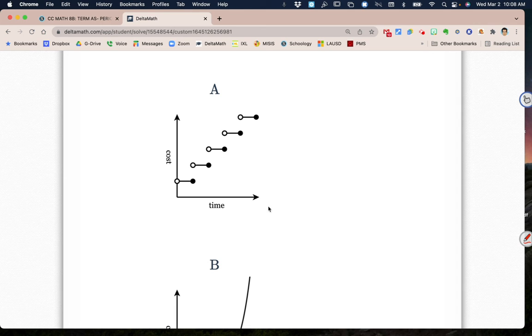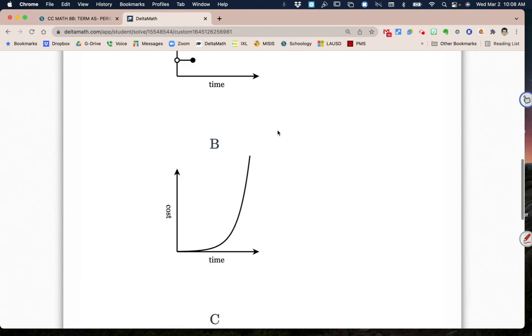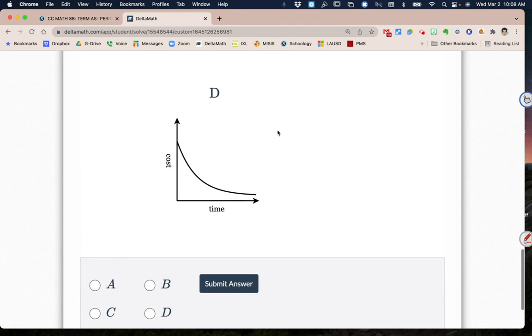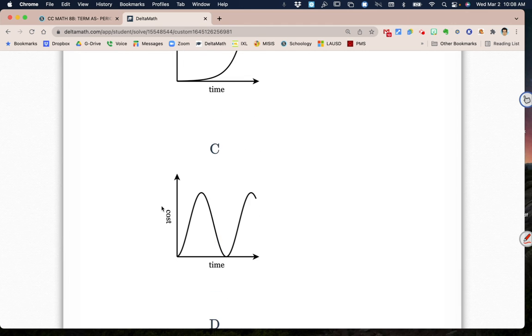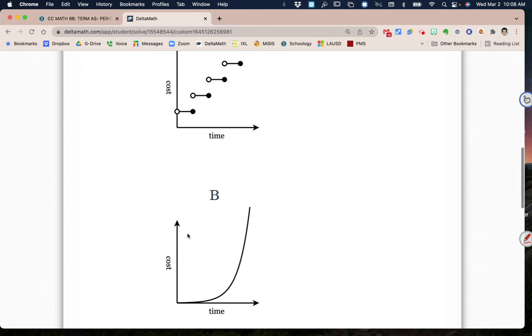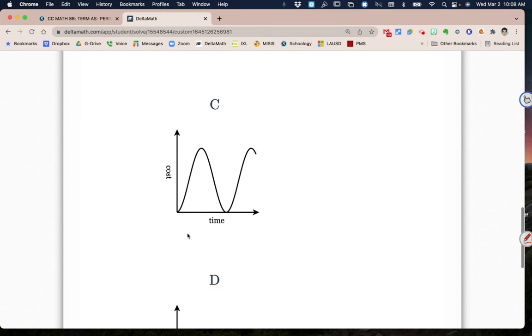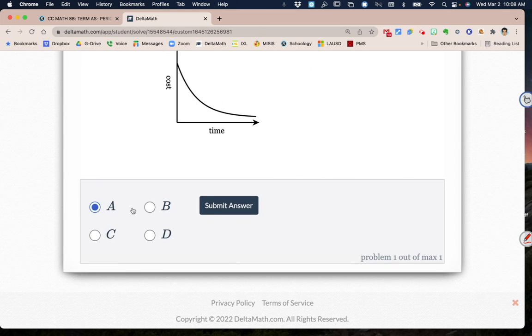Why aren't they connected? Because you go to the next amount. So they call it a piecewise function. We haven't seen too many of these. So yeah, I think it's A. This one's declining. Here the price would go up and down. So definitely A makes the most sense here.